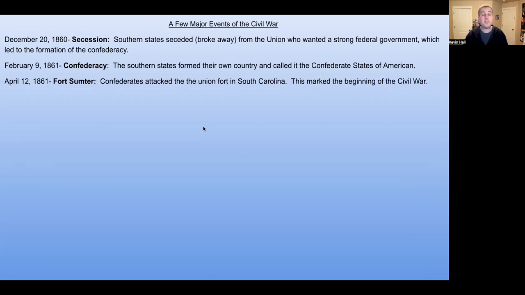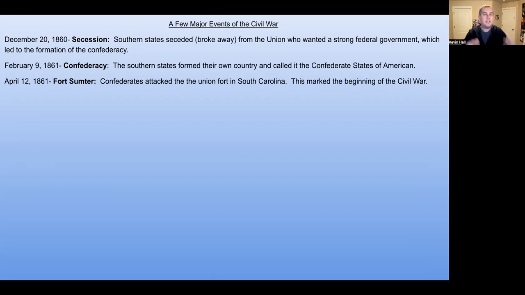Then the attack on Fort Sumter is what officially started the Civil War. And in this case, it was the Confederates or the Southern states that started the Civil War. Ironically, though, they were attacking a fort in the South. Now, here's why. The Union, so the United States, still had military posts throughout the Southern states.